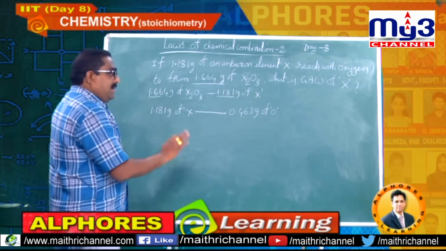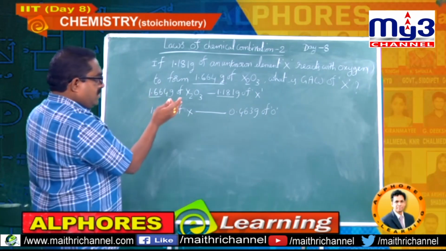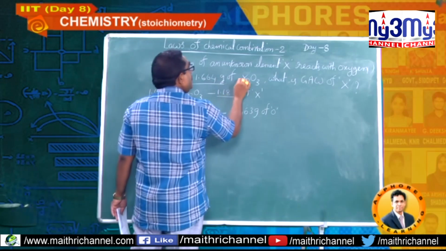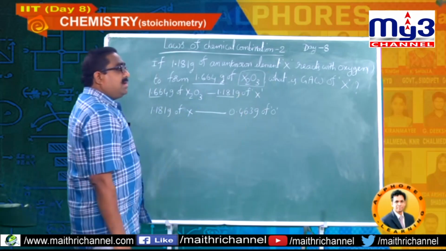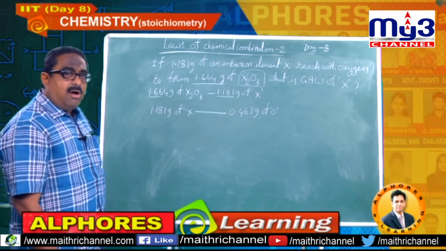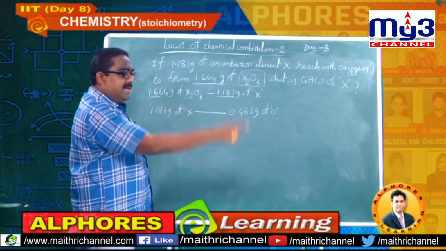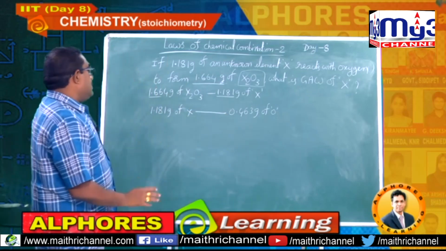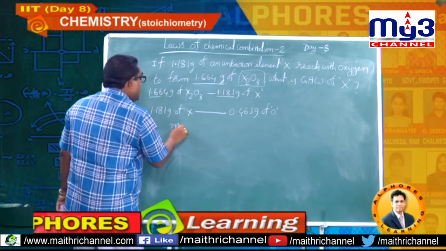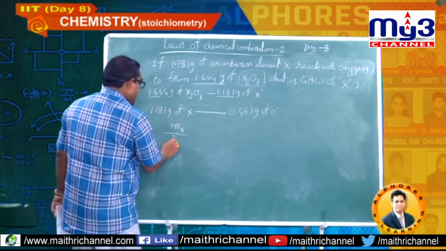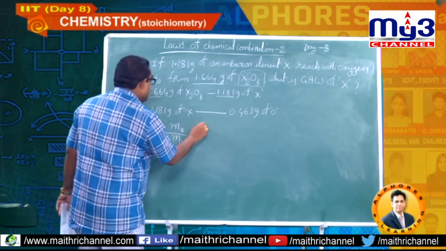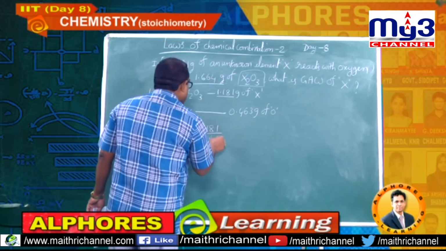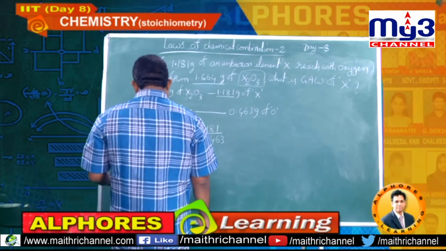Now again the same approach what we have solved in the first numerical, because this is also a compound, the mass percentage or mass ratio of X and oxygen in X2O3 is always constant according to law of definite proportions. So I am writing here mass of X divided by mass of oxygen is equal to 1.181 divided by 0.463.